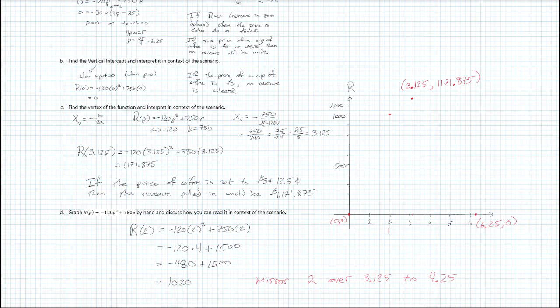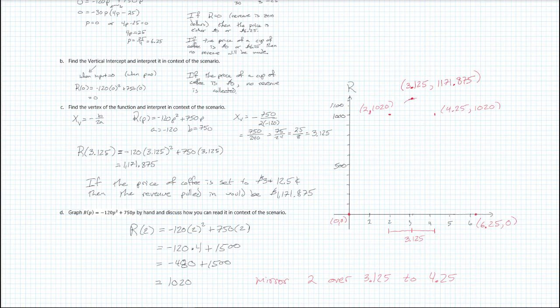So if I go 2 to 3.125 and then that same amount would bring us up to 4.25. So I'll have 4.25 and then I'm going straight up here to 1,020. So 4.25 comma 1,020 and 2 comma 1,020.